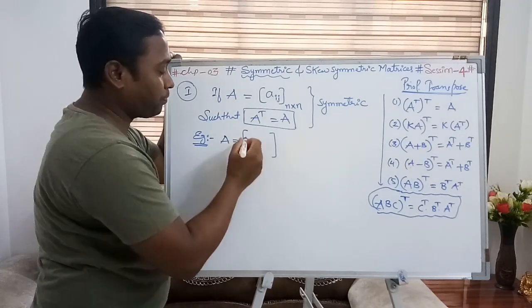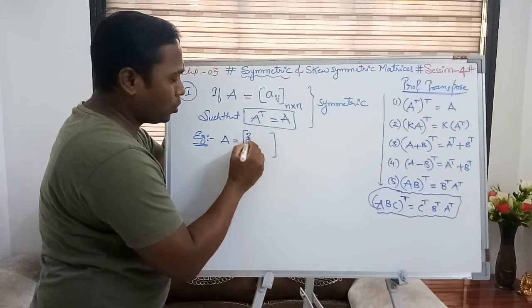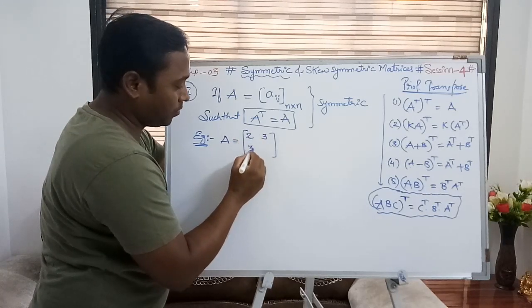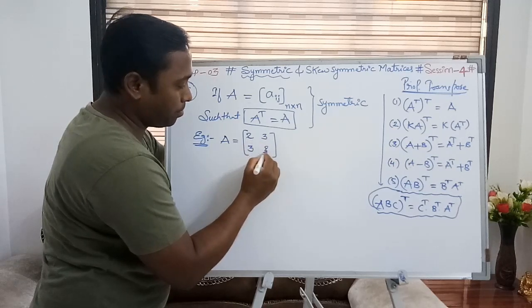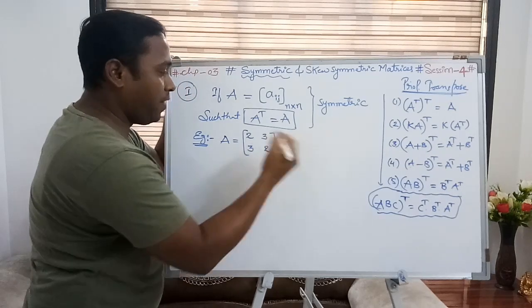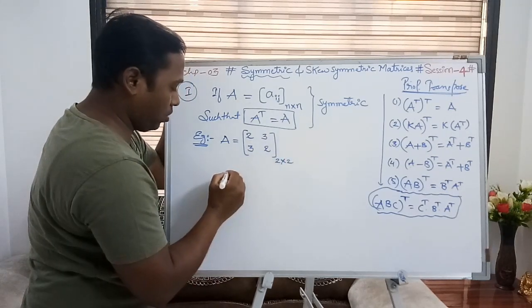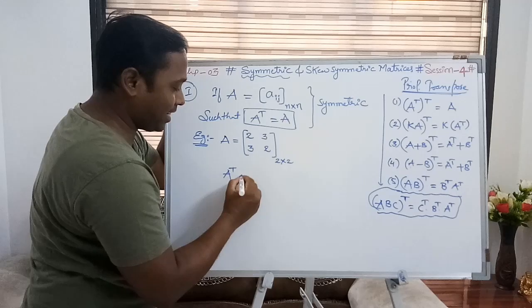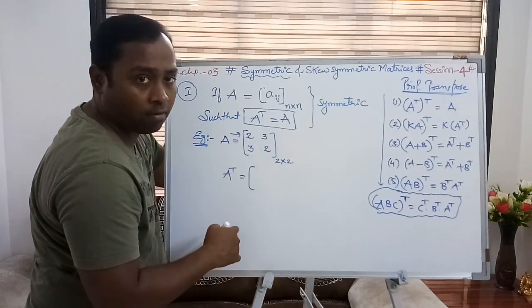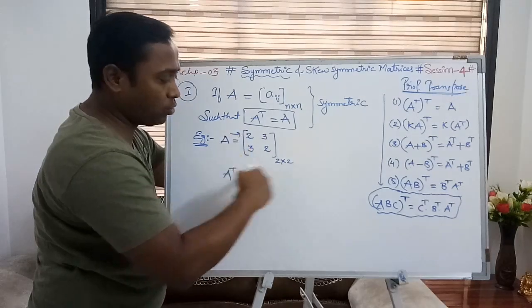Now I am taking one example. Here 2, 3, 3, 2. So it's a 2 by 2 matrix. Now if I do the transpose of this matrix, A transpose, simply take row wise and write column wise, or you may take column wise and write row wise.